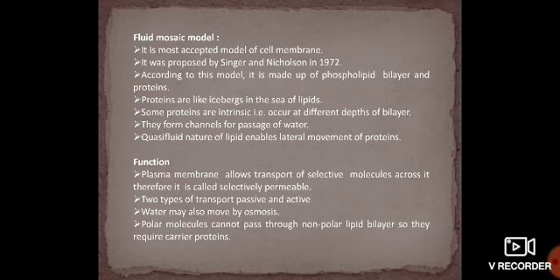Two types of transport take place in it. One is passive transport, which is simply passing of the substance in and out, and another one is active transport, which helps solutes like ions go across the membrane with the help of energy.